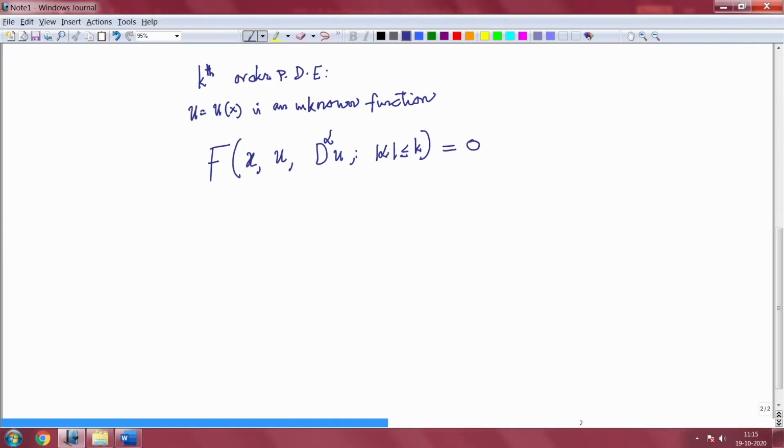We can also write it in a slightly different way, to explain a notion of linearity. There will be certain terms in f which will not have the unknown. When you have such terms in that expression, that is called the non-homogeneous term. So collect all the non-homogeneous terms and put them on the right hand side.